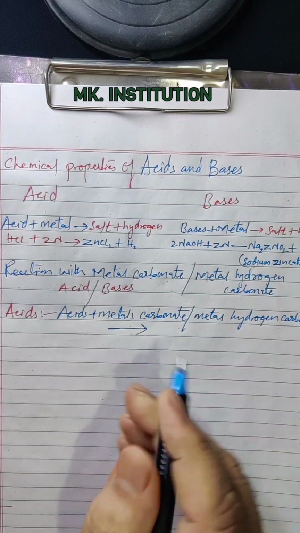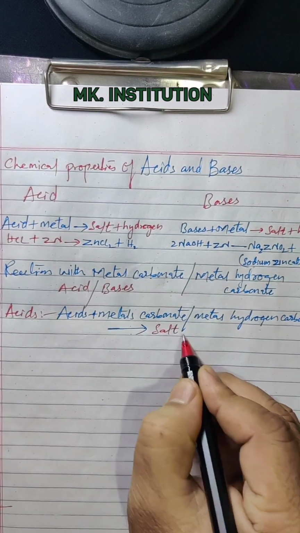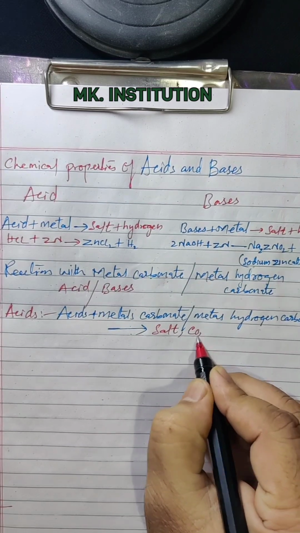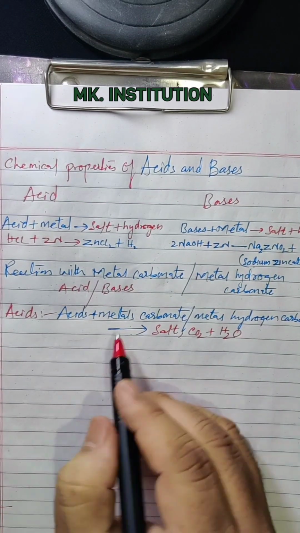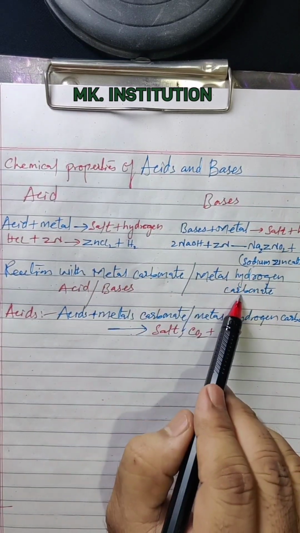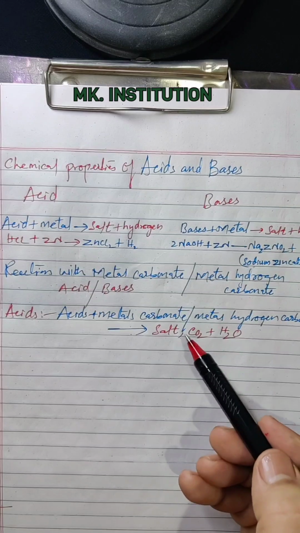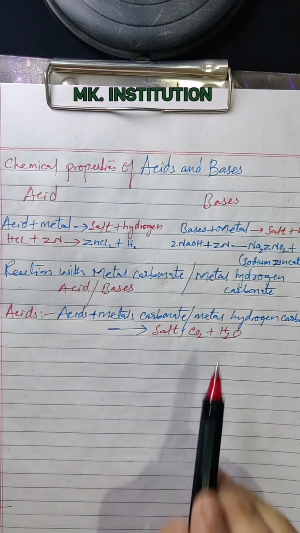They produce salt, carbon dioxide and water. These three are the products. Clear? Whenever an acid reacts with metal carbonate or metal hydrogen carbonate, the products are salt, carbon dioxide and water.